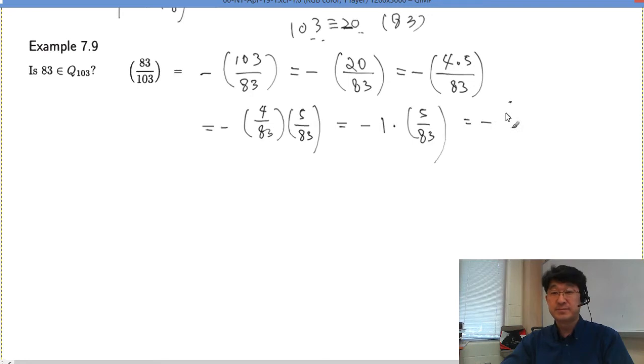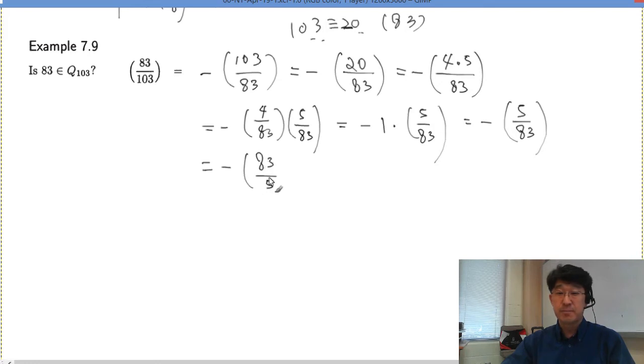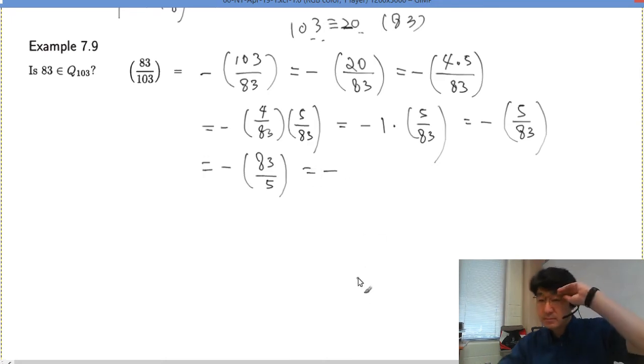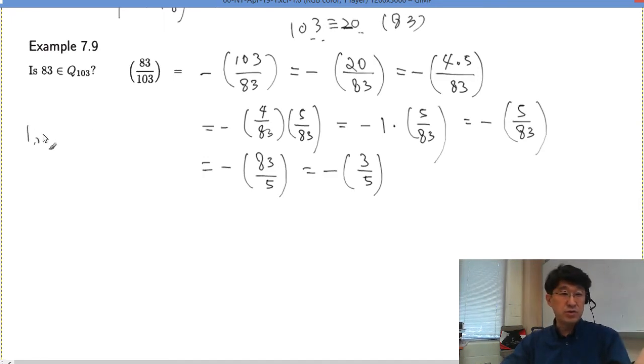So what comes to your mind? Flip it again. Now let's see. Are we in the situation of 3 mod 4 and 3 mod 4? It's not. So we can just flip it without touching the sign, right? It's the same thing. Now 83 mod 5. What can you say? Chop it down to the class. So what is it? 3 mod 5, right? This is easy now. Can you do that in your head? Mod 5 is 1, 2, 3, 4.